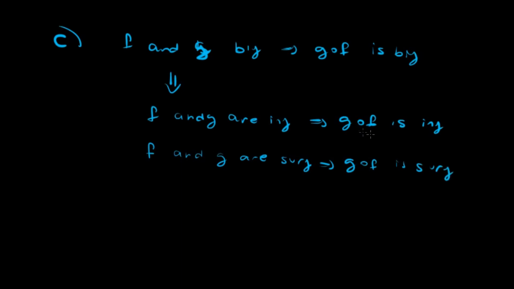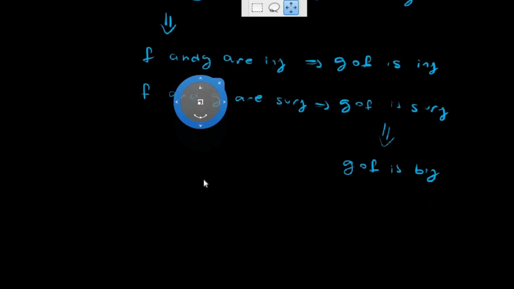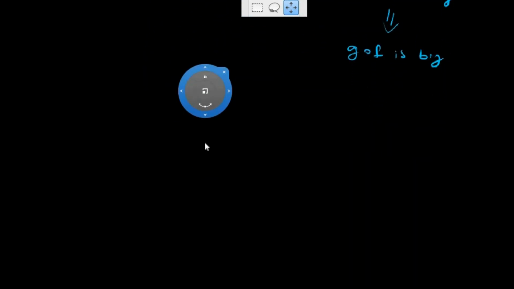So I have that g composed with f is injective and g composed with f is surjective. So this tells me g composed with f is bijective. All the hard work was done, so that was easy.